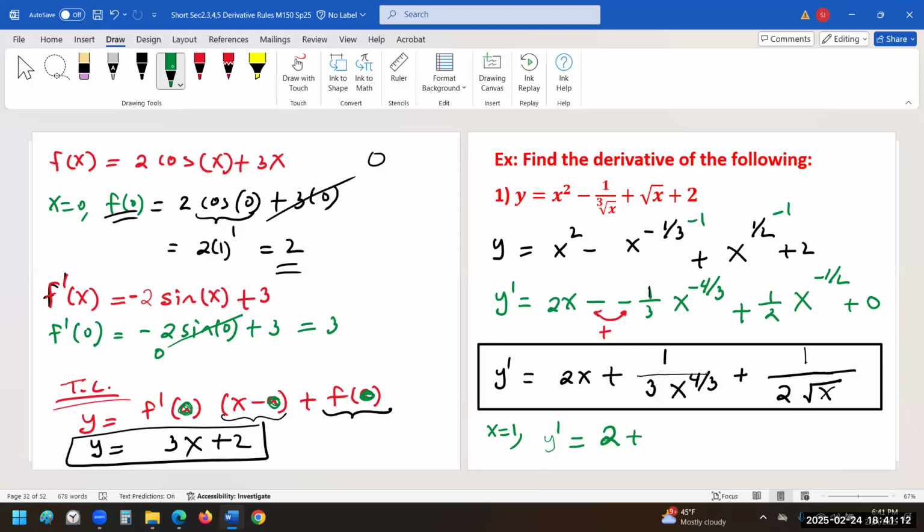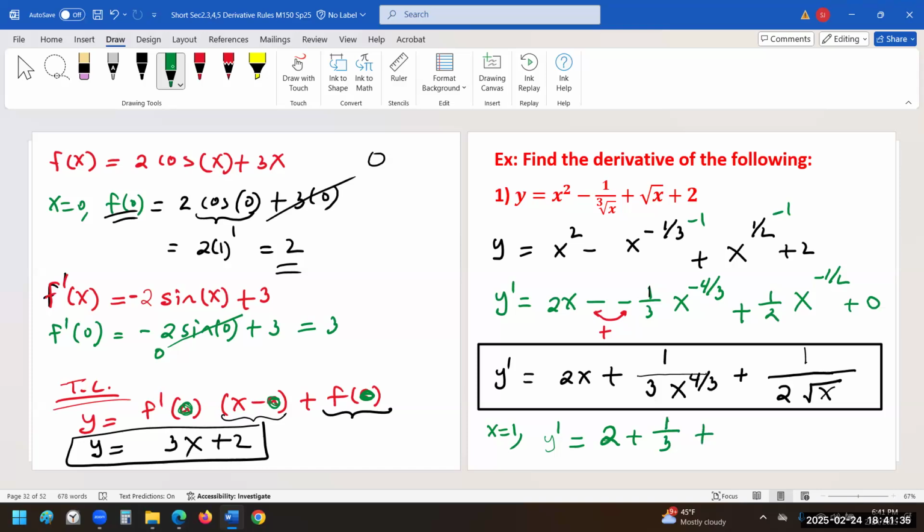What is 1 to the 4/3? 1. 1 is a very generous number. It doesn't matter what power it has, it always gives us 1 back. So this is 1, so we have 1/3 times 1, which is simply 1/3.